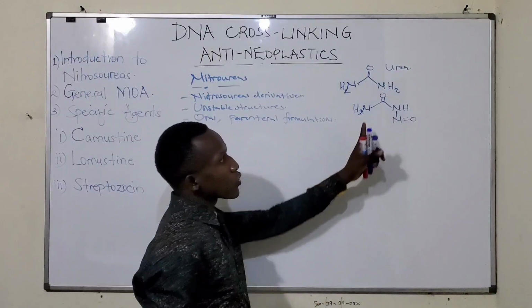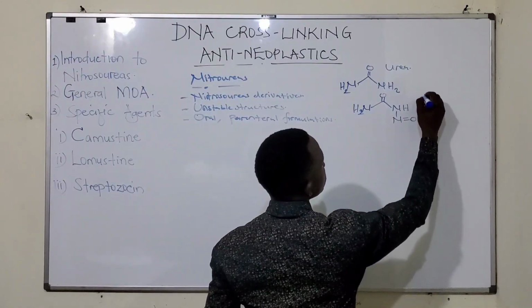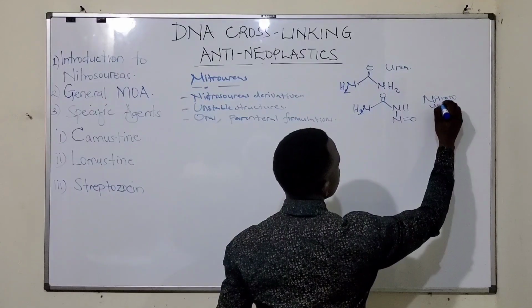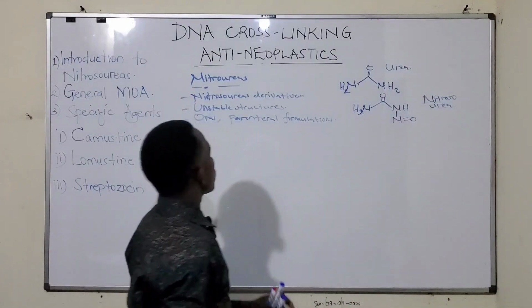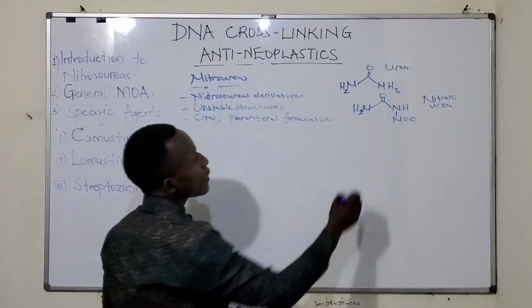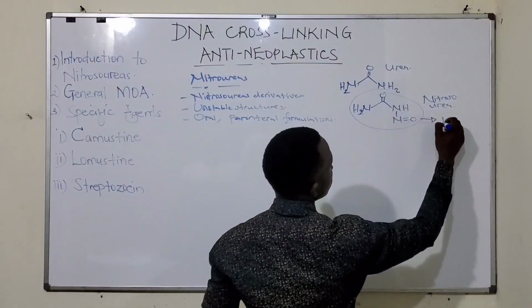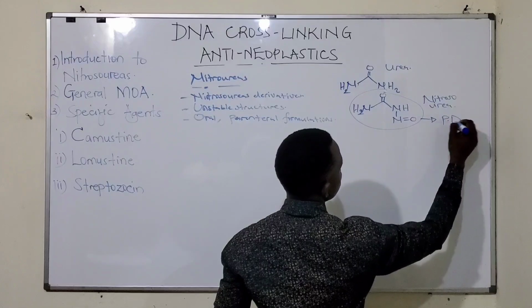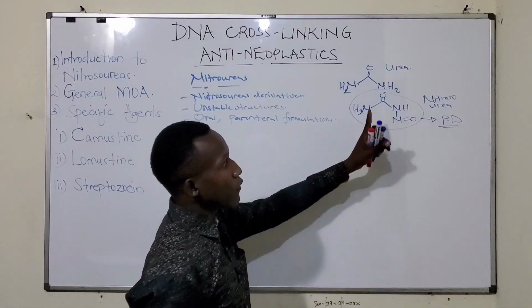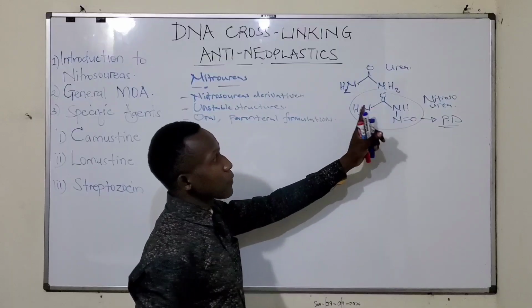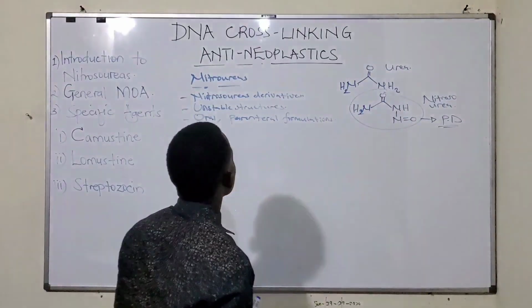This is nitrosourea. So, since they are nitrosoureas, this is the pharmacophore. All this determines the pharmacodynamics. Other attachments on these structures determine the pharmacokinetics.